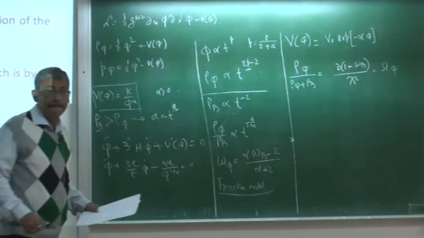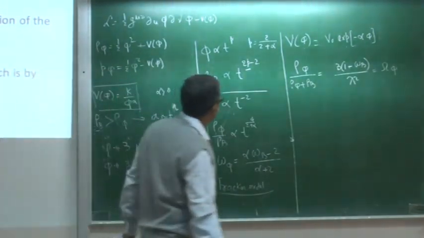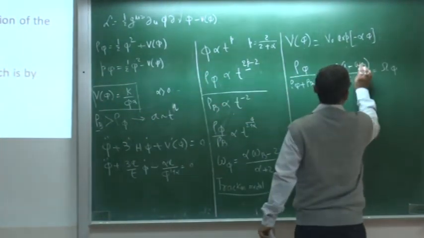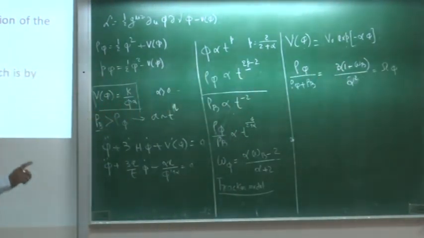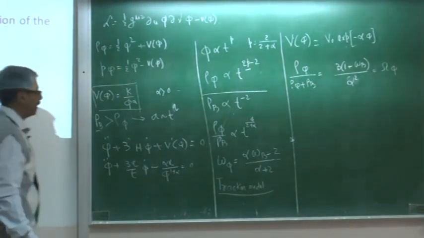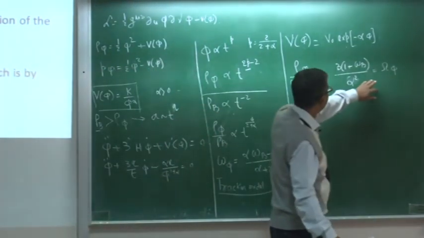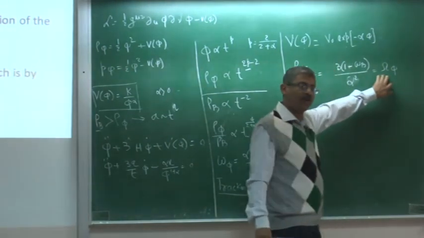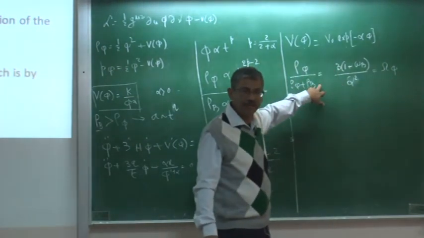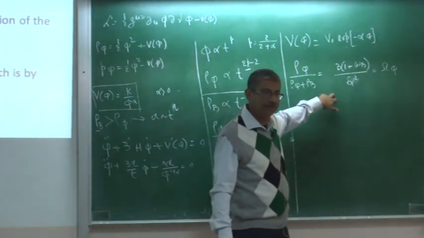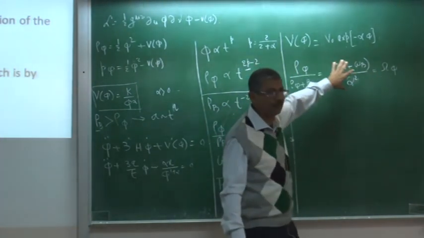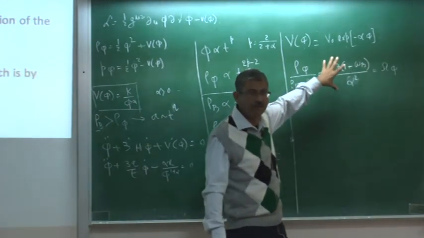Sir, lambda is there, alpha. Oh, there is a lambda. Now what is the problem? The problem is that in the nucleosynthesis era, if this is dominating, it will always dominate because the ratio is always a constant. If it is subdominant, it is always subdominant. This omega phi is not evolving with time.